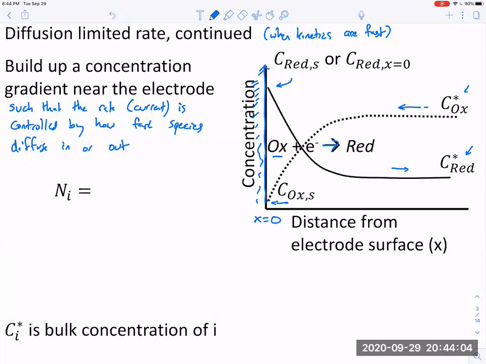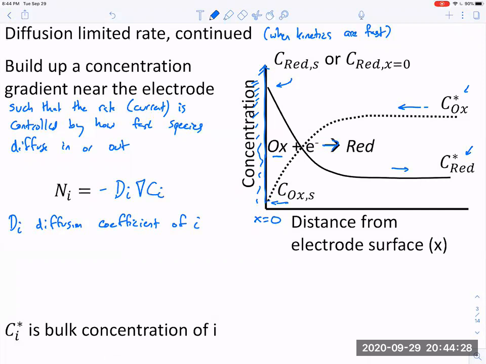So the flux of i for diffusion is going to be the diffusion coefficient of species i multiplied by the gradient of the concentration of i.